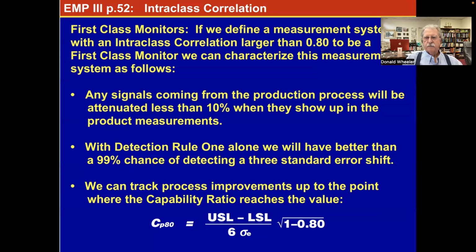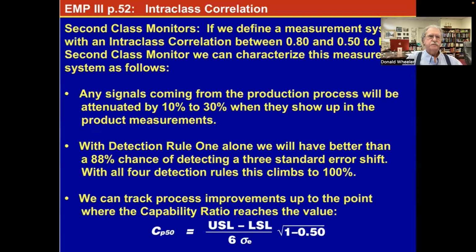Any improvement in process, any reduction in the process variation will simultaneously decrease the intraclass correlation while increasing the capability ratio beyond this point. Second-class monitors are those with an intraclass correlation between 80% and 50%.